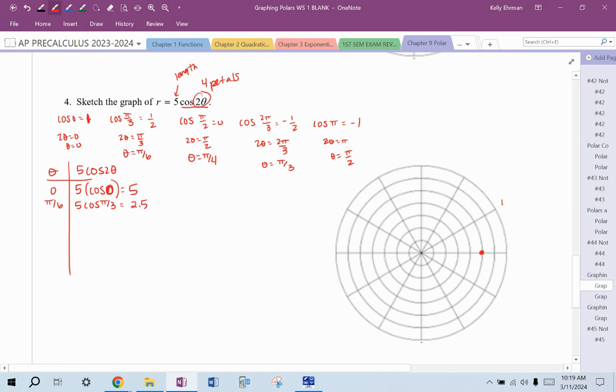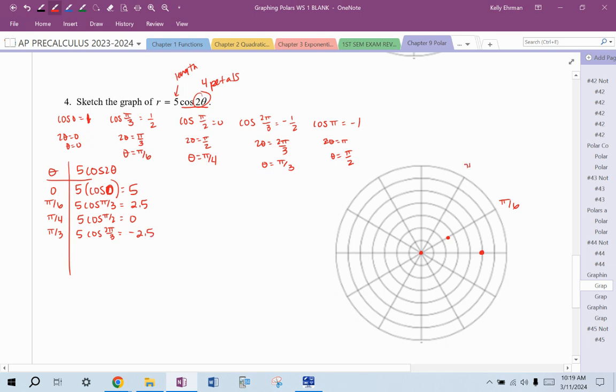So we plugged in pi over 6. We're going out 2.5. When we plug in pi over 4, we get 5 times cosine of pi over 2. That's 0. And when we plug in pi over 3, we get 5 times the cosine of 2 pi over 3, which is negative 1/2, so negative 2.5.